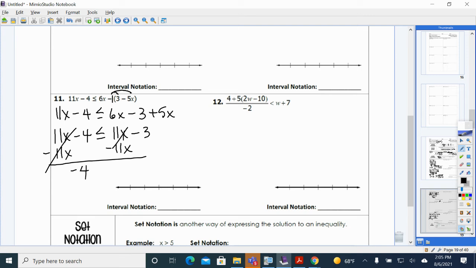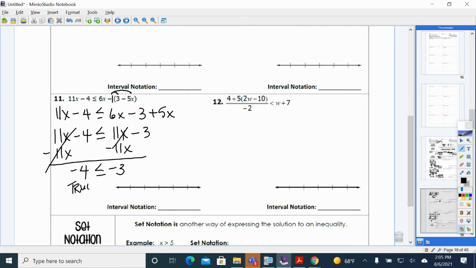Now, what you have here is -4 is less than or equal to -3. Is -4 less than or equal to -3? It is. All day long, that is true.